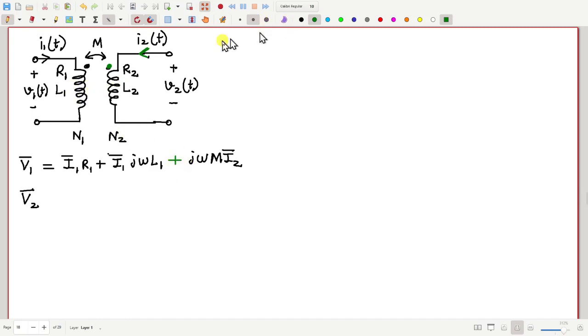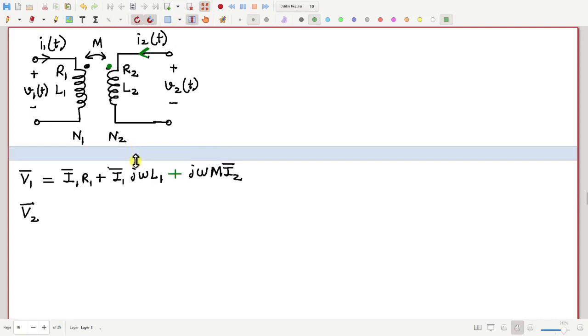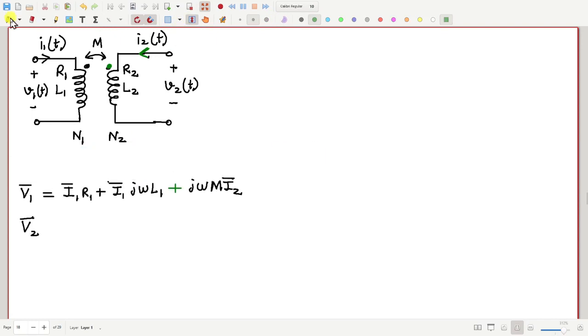So I may also write the same equation as a function of time, V1(t), that will be I1 R1 plus L1 dI1/dt plus M dI2/dt.